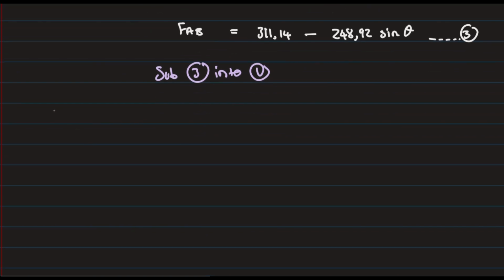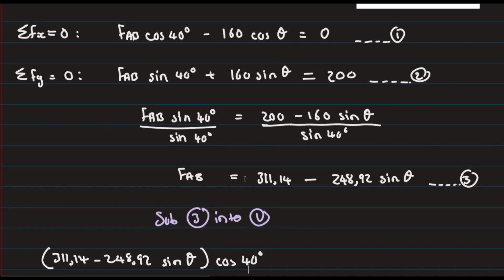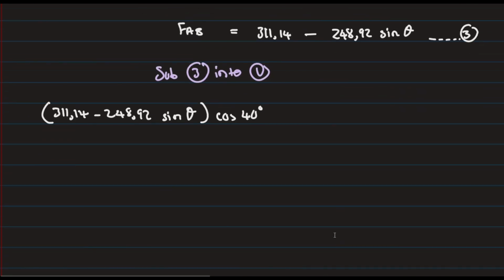So we're going to have 311.14 minus 248.92 sine of theta, multiplied by cosine of 40 degrees, and we can just put the 160 cosine of theta on the other side, so all of that is equal to 160 cosine of theta.